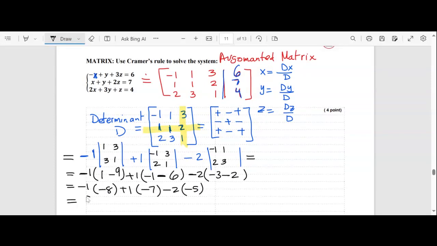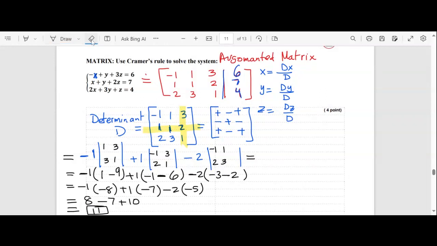Now how much is this? 8. Plus minus 7. Plus 10. Okay. So equal how much is this? 11. Okay.